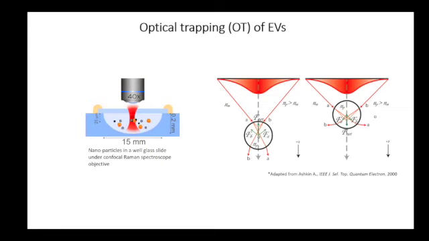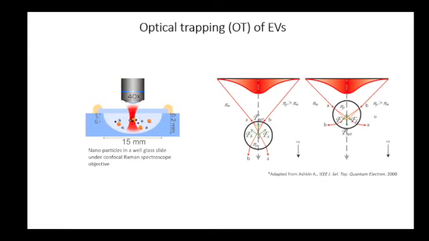When you have a highly focused beam, for instance with a high numerical aperture objective, and enough power, there is a transfer of momentum from the light to the particle. This results in a net force that drags the particle towards the center of the focal spot, in the Z direction but also in the XY direction.